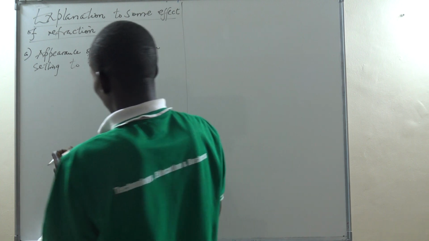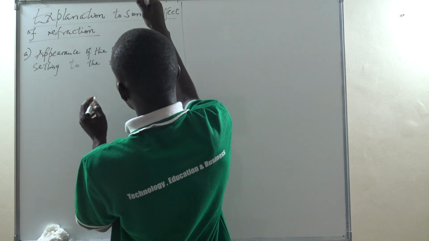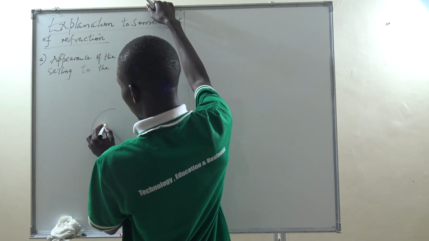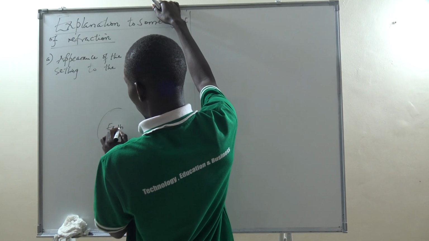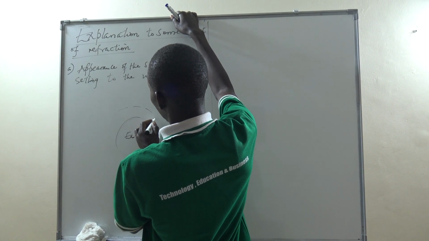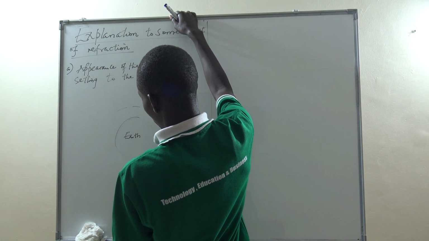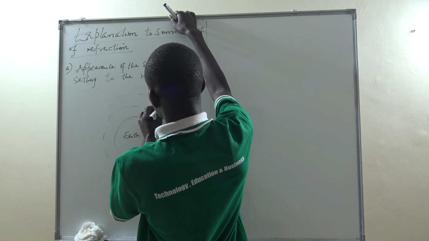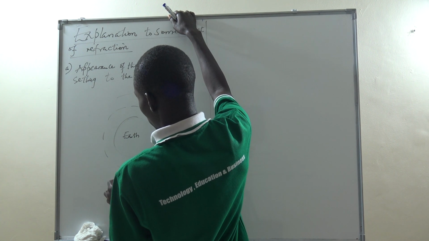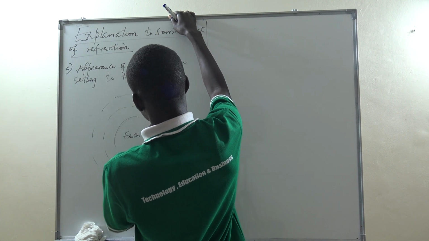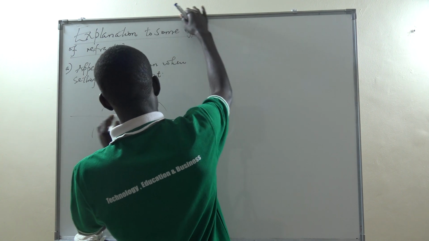So I can have here some simple illustration. If this is my earth, okay, and then I know I will have a number of layers, I can represent a few, and now this one is our horizon.